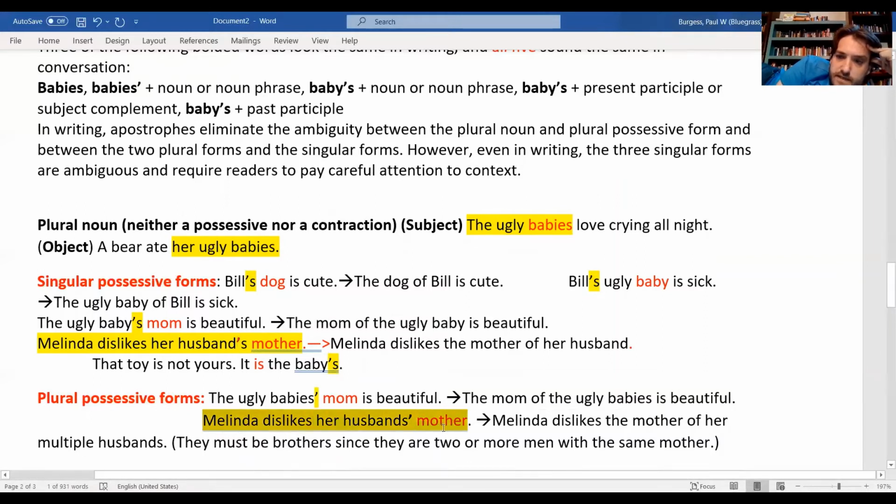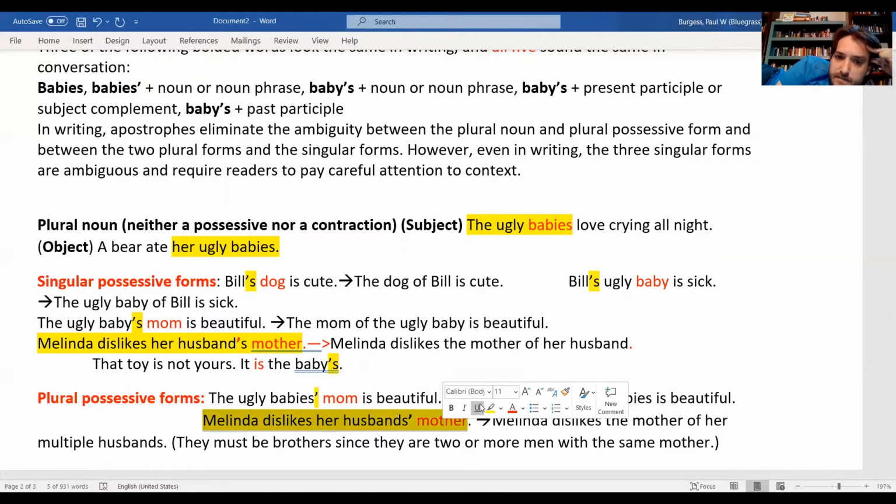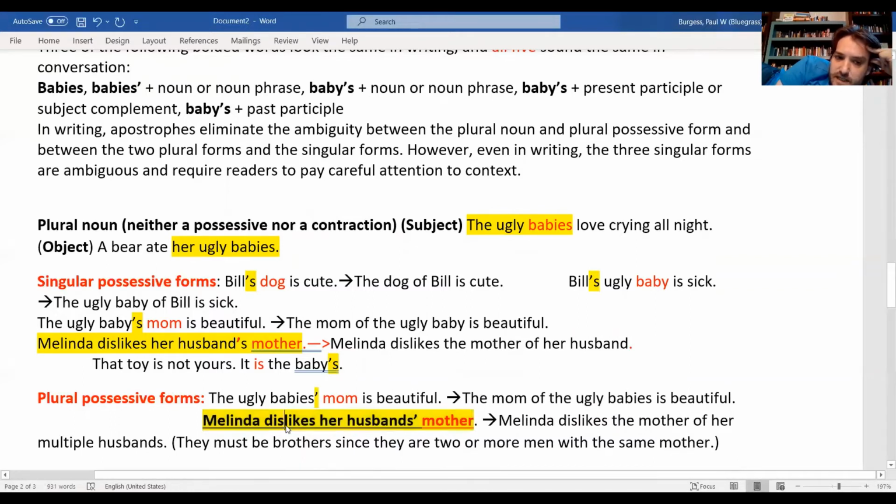This one sounds the same, but in writing, it's embarrassing. It's ridiculous. Melinda dislikes her husbands' mother. Melinda dislikes the mother of her multiple husbands.